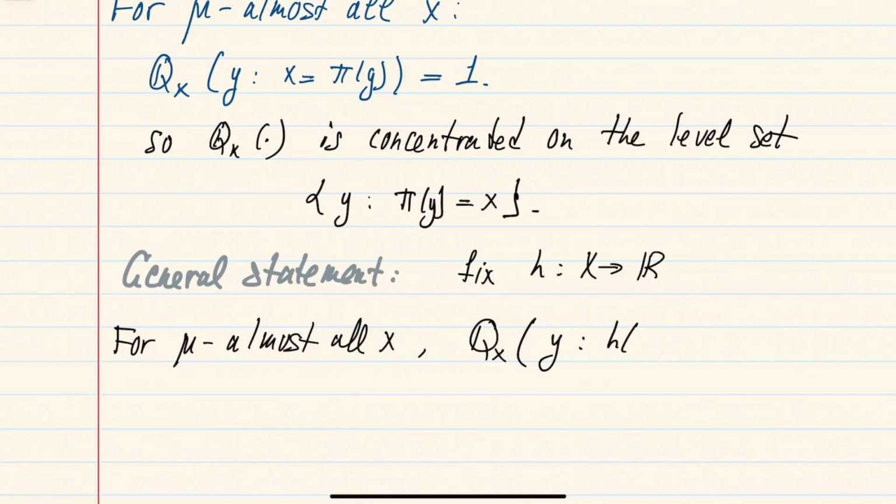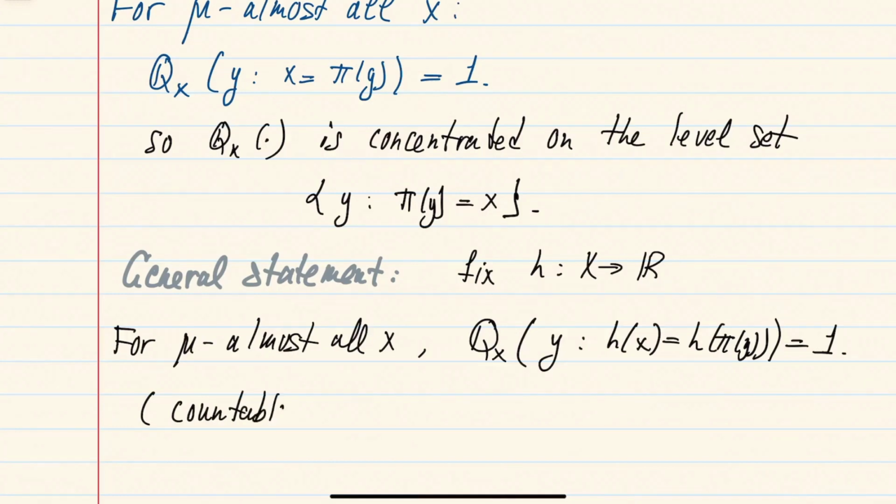So h of x is equal to h of pi of y, right? So that set has a probability 1. Now, of course, once you have this kind of statement for one function, you can also take countably many h if you like. Right? This statement will still be true for countably many h for almost all x.